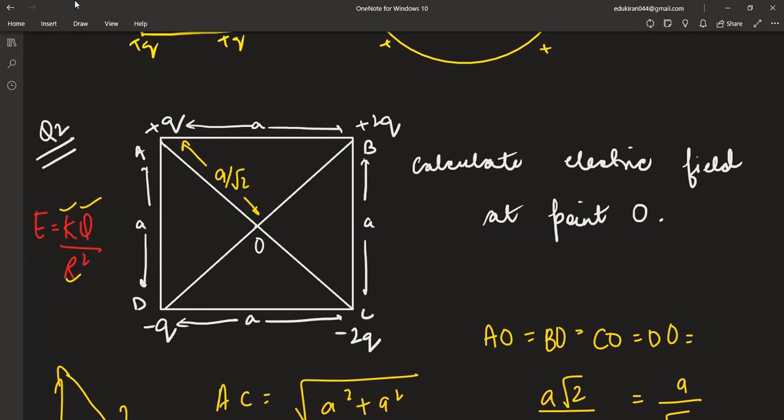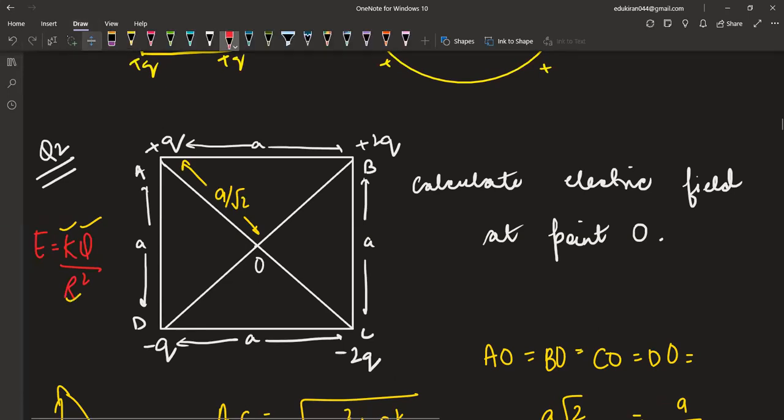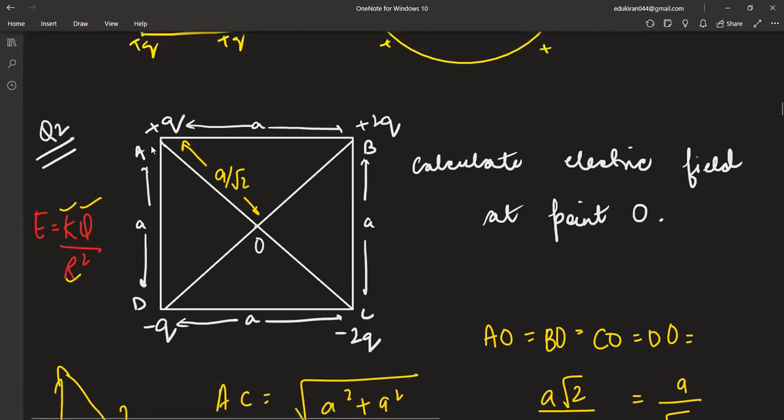Electric field at point O because of plus Q, that is at point A. What have we studied? Yesterday we studied that for positive charges, electric fields are always away from the charge. So if I move like this, that will be towards the charge; away from the charge would be this. This is electric field EA.